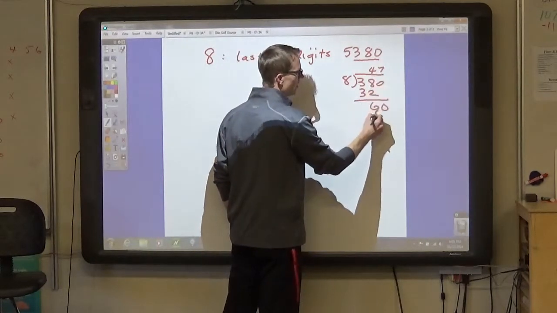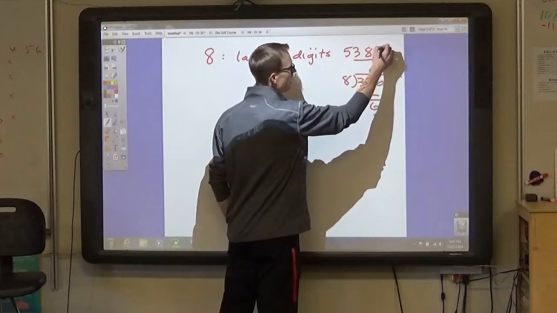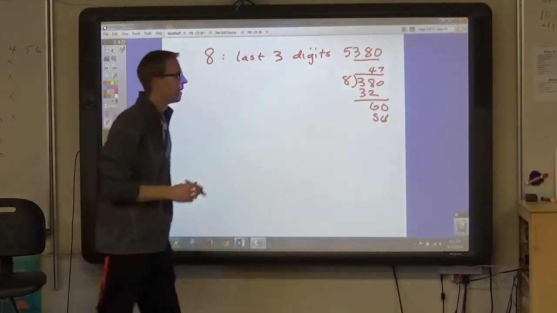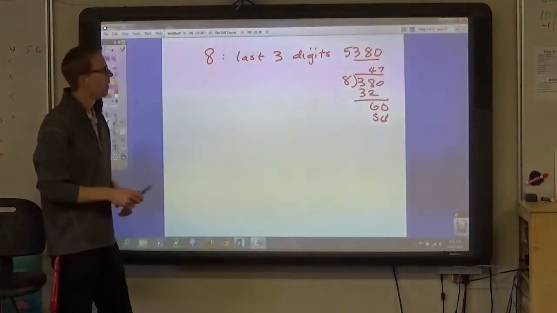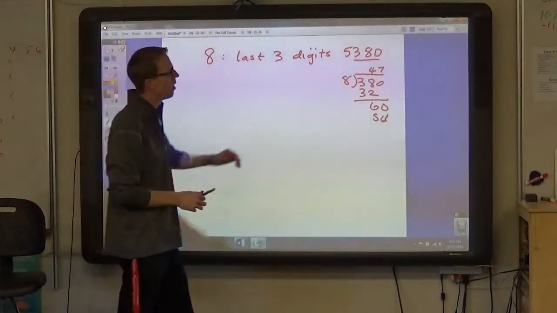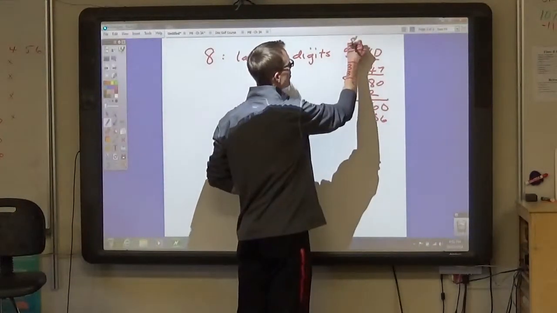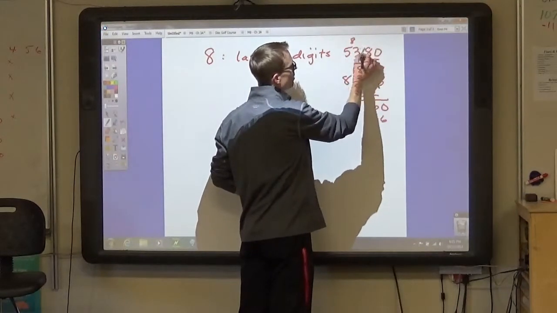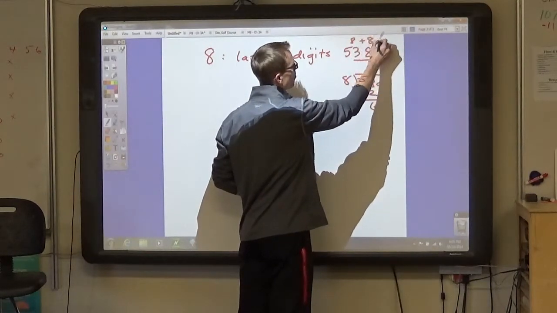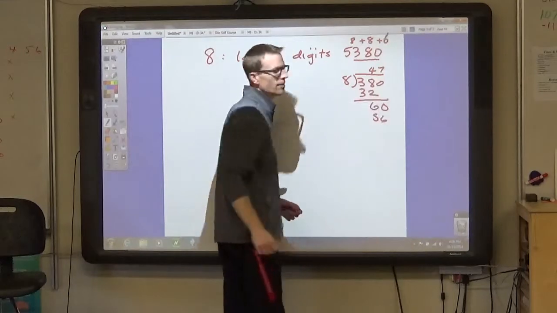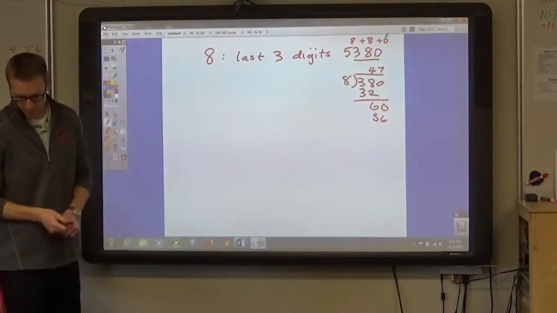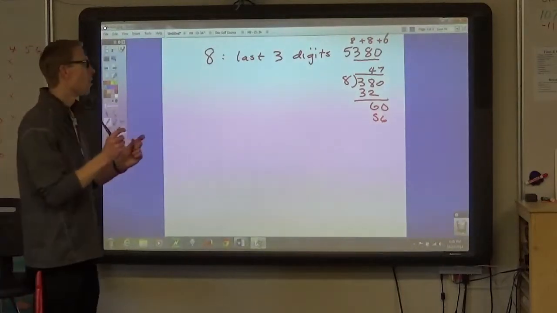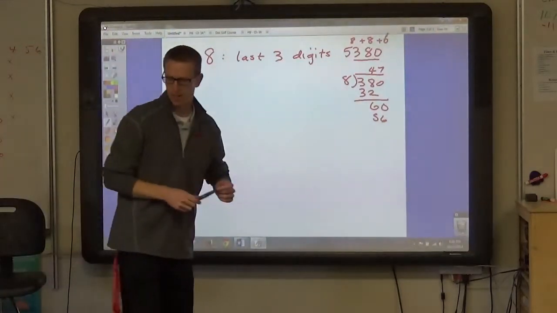Not evenly. So this number is not divisible by 8. Okay? Is it divisible by 9? Well, 5 plus 3 is 8, plus another 8, plus 0 is 16. That number is not a multiple of 9, so that number is not divisible by 9 either. You have to find the one that's divisible by 8 and 9.